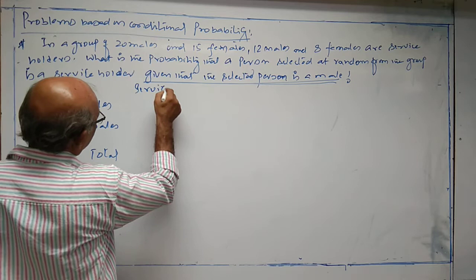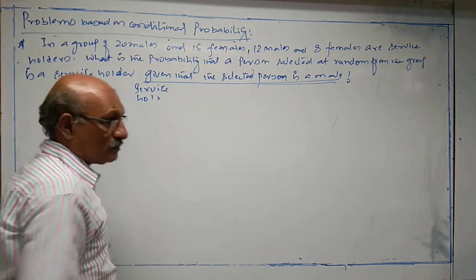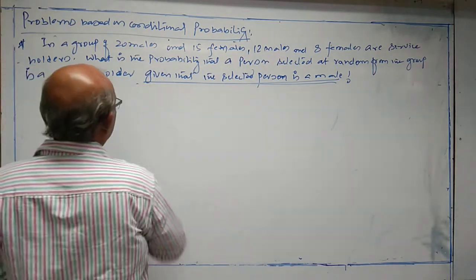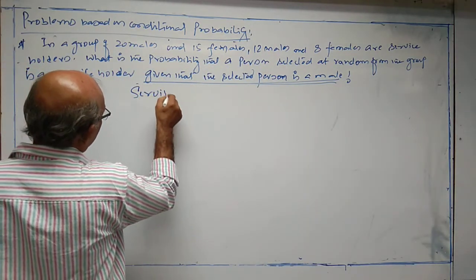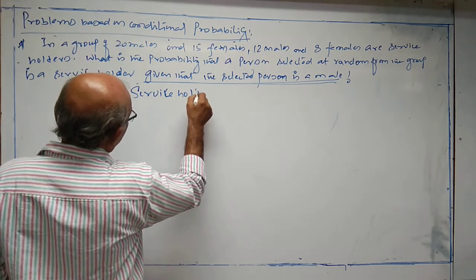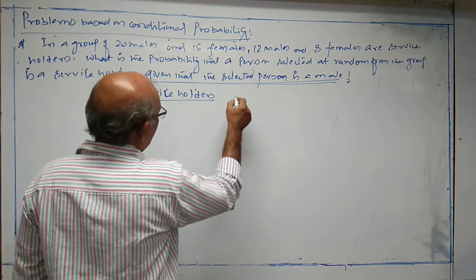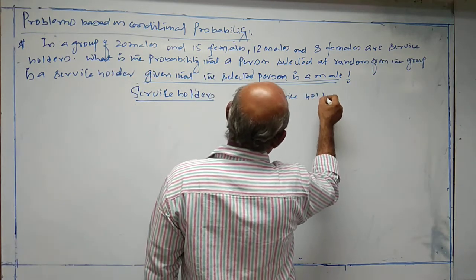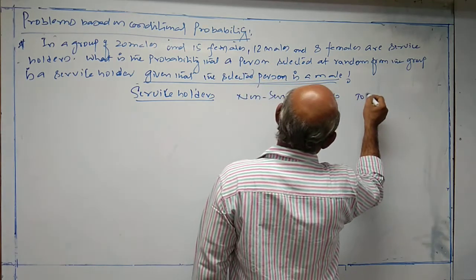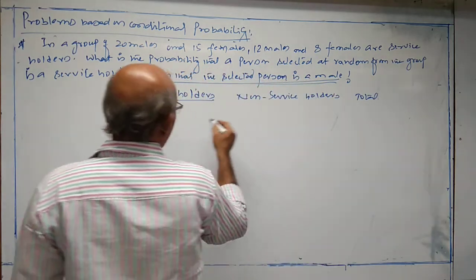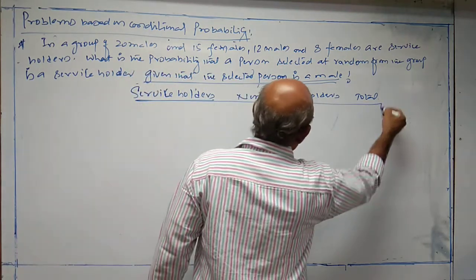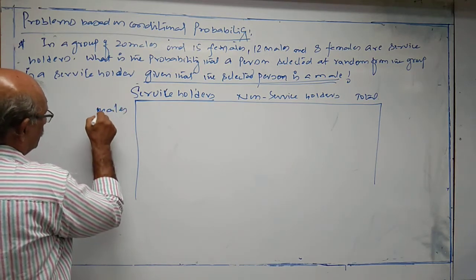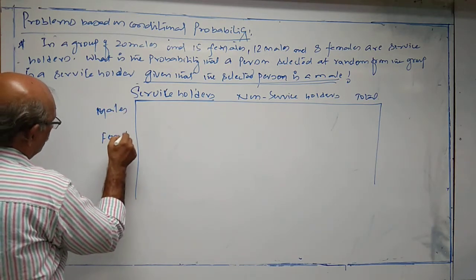Rows: service holders, non-service holders, total.